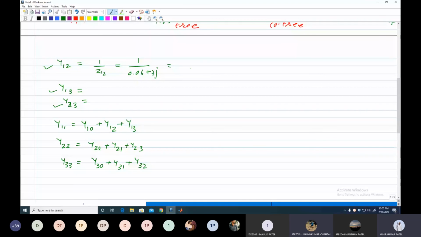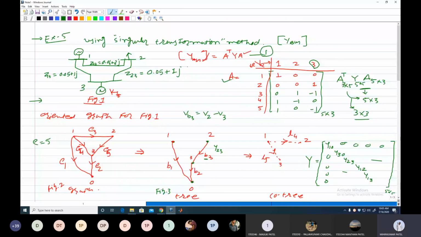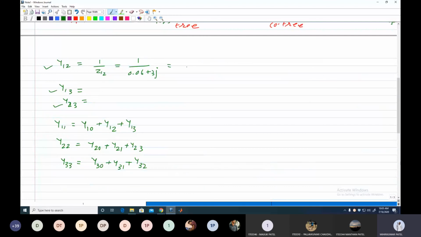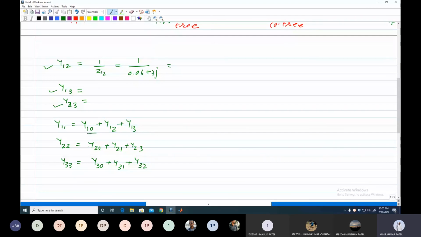The rest of the procedure will remain the same as we have done for the non-singular transformation method. What is the value of this y12, 13 and 23? Whatever you get, you have to substitute over here. Now, in this example, what is the value of y10, 20 and 30?